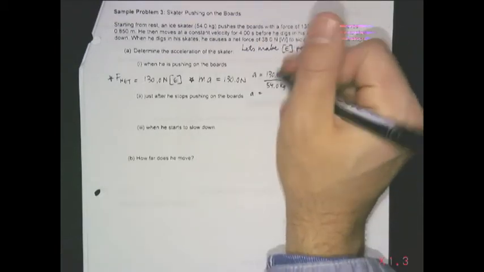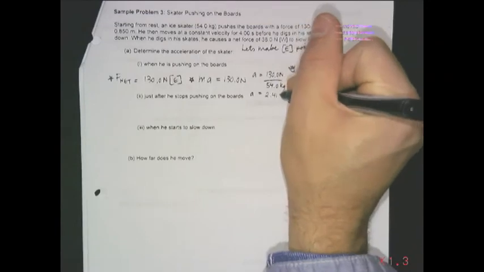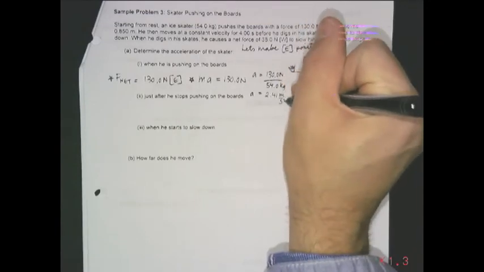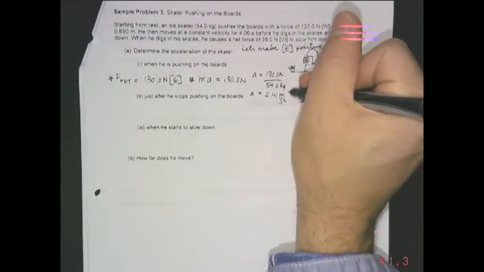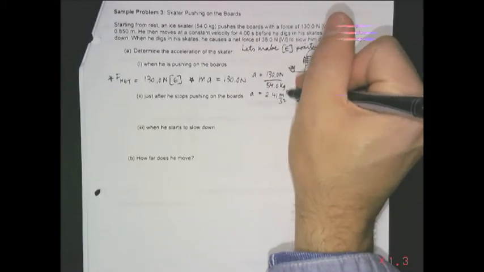Punch in your calculator. 2.41 meters per second squared, or newtons per kilogram. And the positive sign implies that this is to the east. Good.